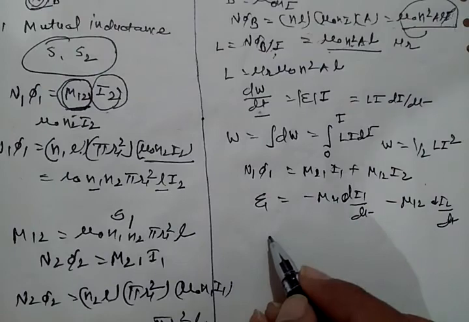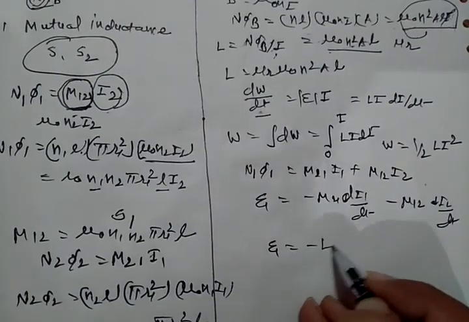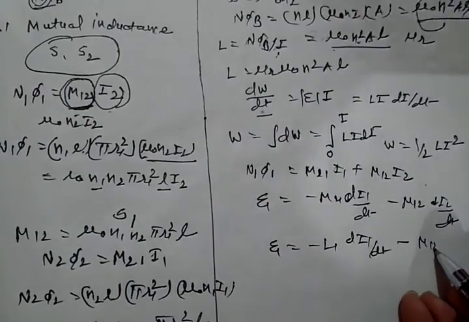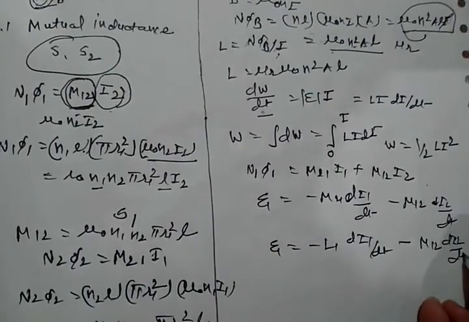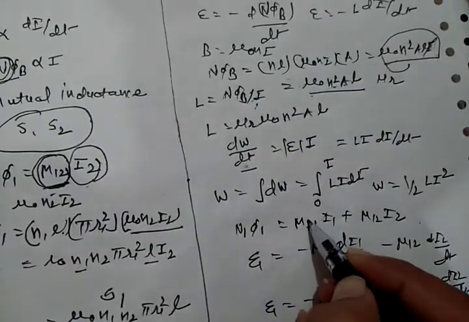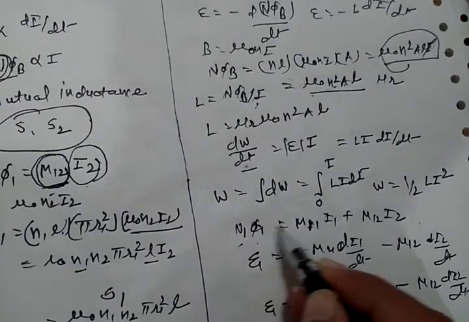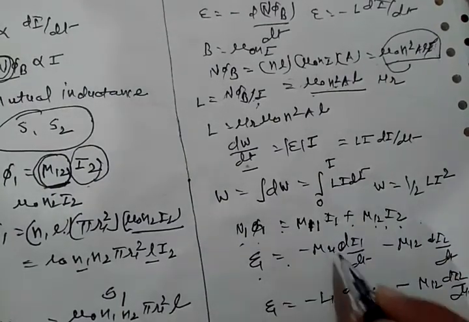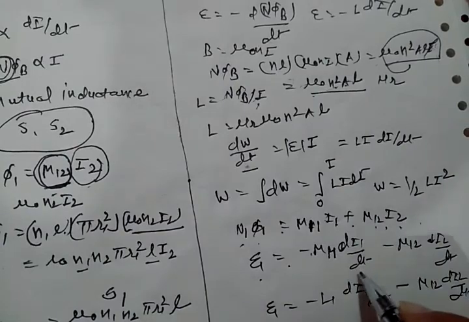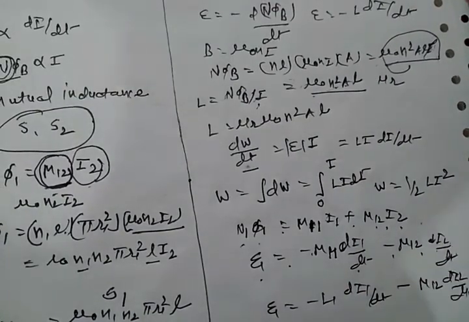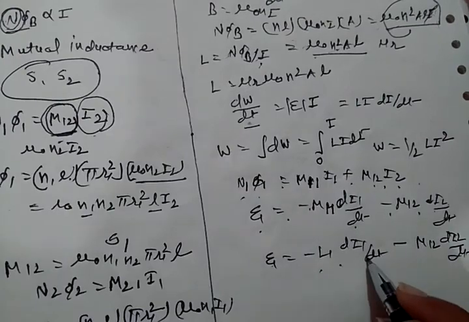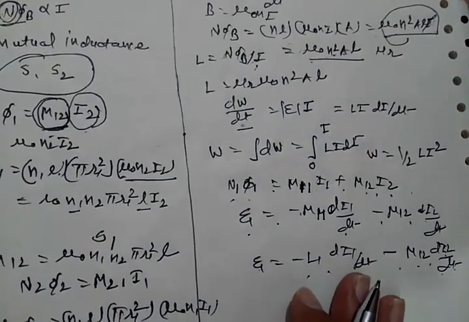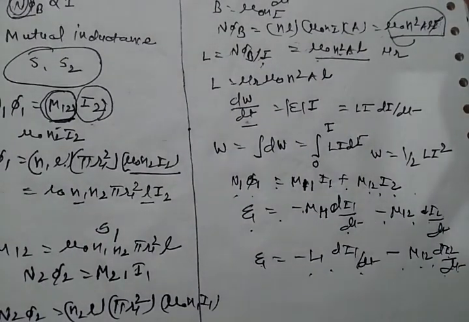So E1 is equal to minus L1 di1 upon dt minus M12 di2 by dt. Okay, this is topic 6.9.